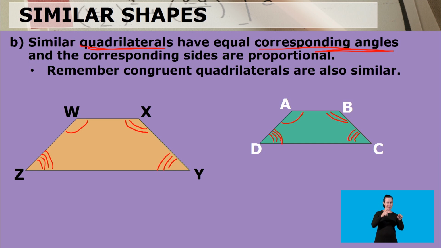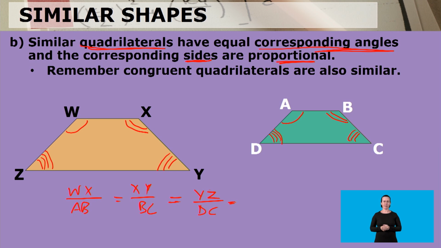Now let's look at proportional sides, because the sides have to be proportional. That means side WX will be proportional to side AB, which must be equal to side XY, which must be proportional to side BC, and side YZ is proportional to side DC.